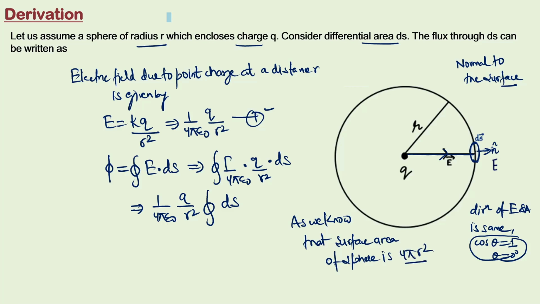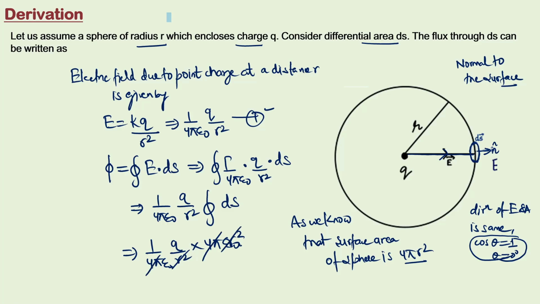So obtaining the surface integral of dS, we get 4 pi r square, and 4 pi cancels out.